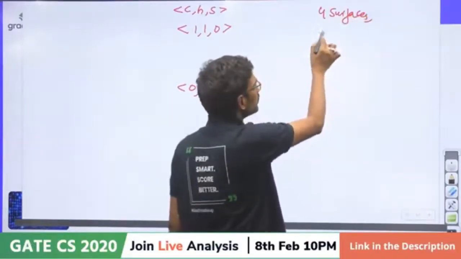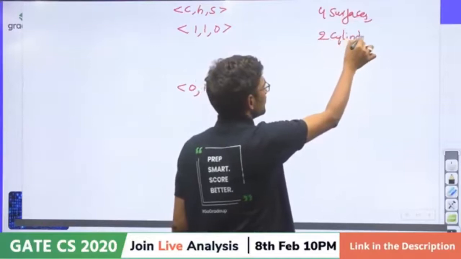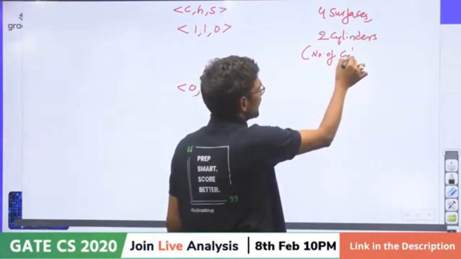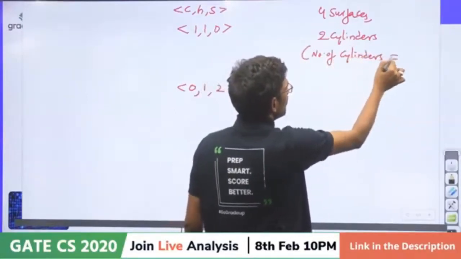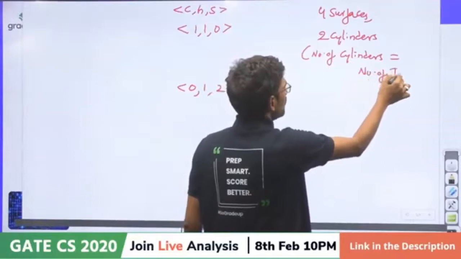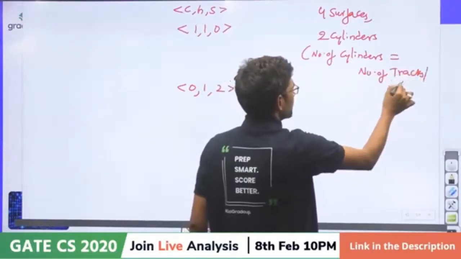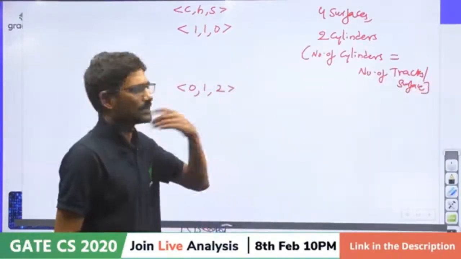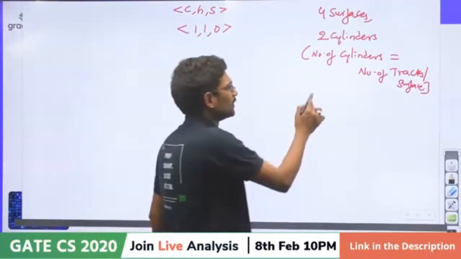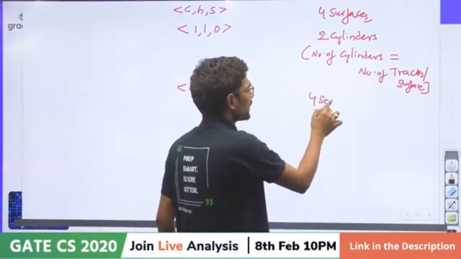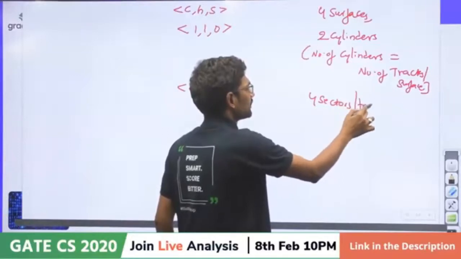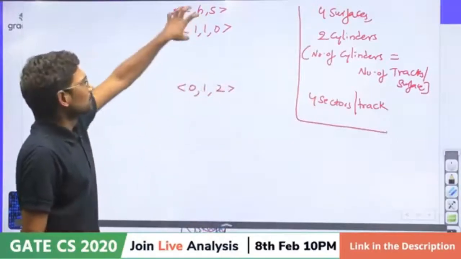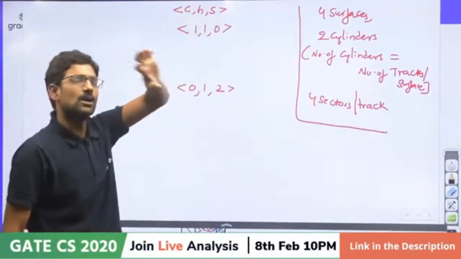There are 2 cylinders, because yesterday we discussed that the number of cylinders is always equal to the number of tracks per surface. It's not the total; per surface, how many tracks are there, that is equal to the number of cylinders. And we have 4 sectors per track. So like this, the specification will be given, then some CHS is given.